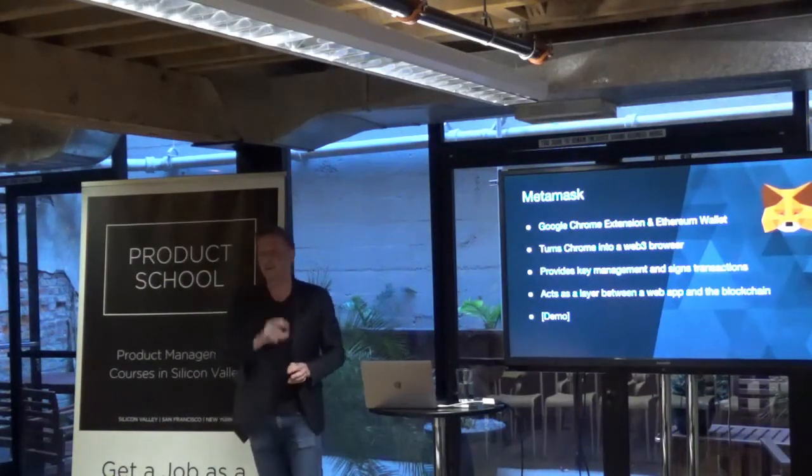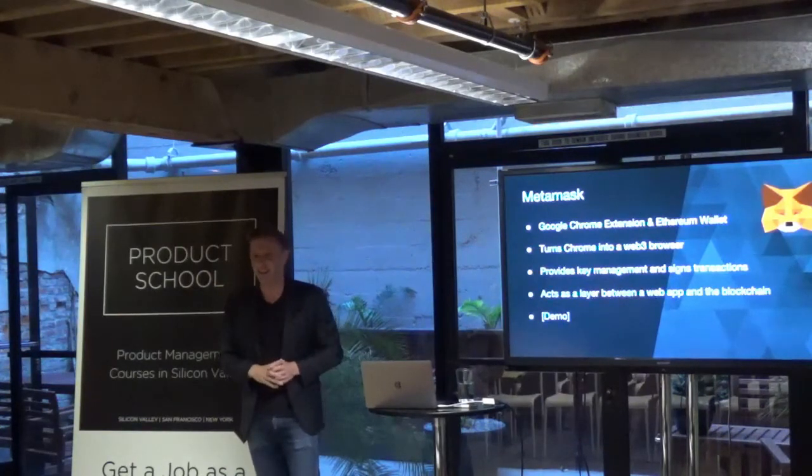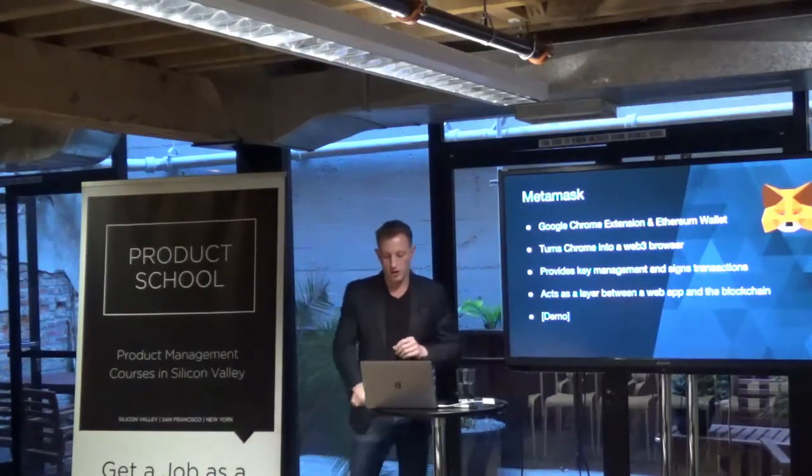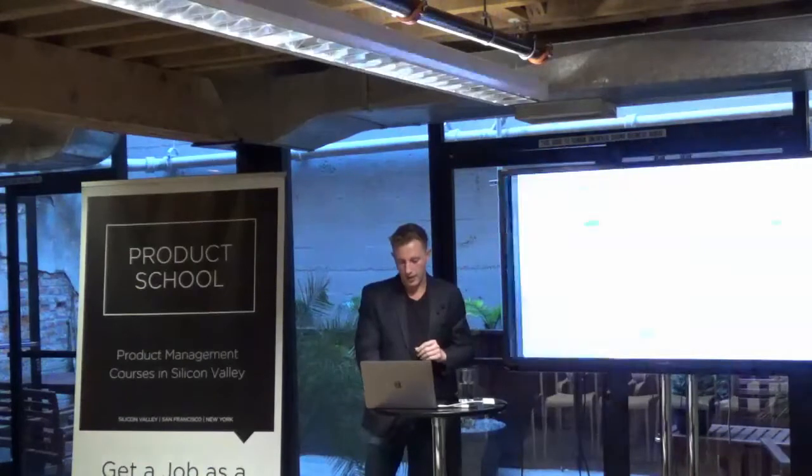You had to go between 3 different applications on your desktop. There's a lot of copying and pasting, so it's not really practical. And with MetaMask, even though it's still a cumbersome process, it's way more streamlined, and it's really helped the adoption of blockchain. I'll just give you a quick walkthrough of how it looks and what it does.